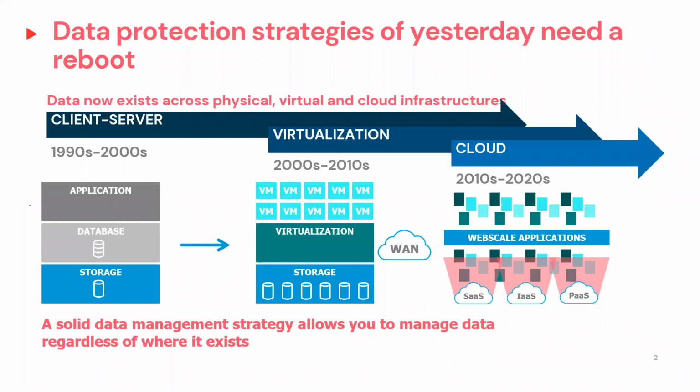We want one integrated product. That is why with Commvault, I don't care if you deploy a very old server, a very old OS, virtualization, cloud, or containers. Commvault only has one product, one solution.